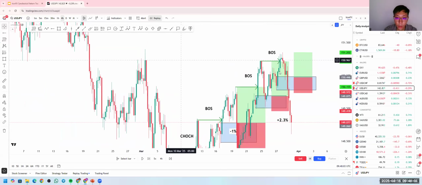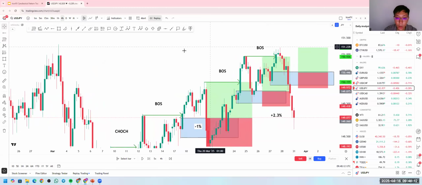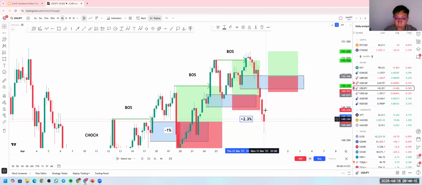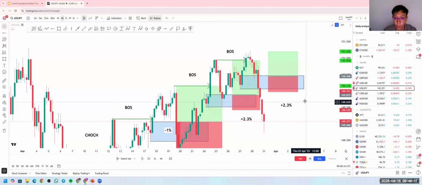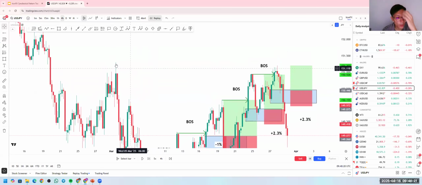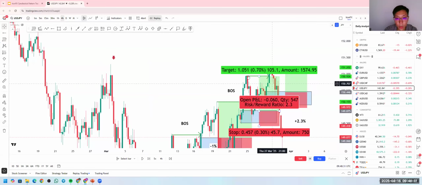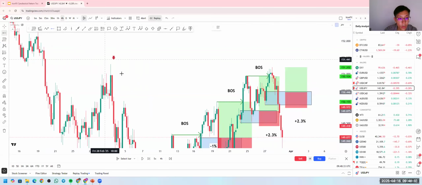This area you will need to be careful, because of this very strong resistance over here. I was just trying to show you guys an example of how you can take the trades, but of course, certain things you need to be very careful about. Always look for major horizontal key levels. For this area you need to be super careful, because we have already reached this level of strong resistance.